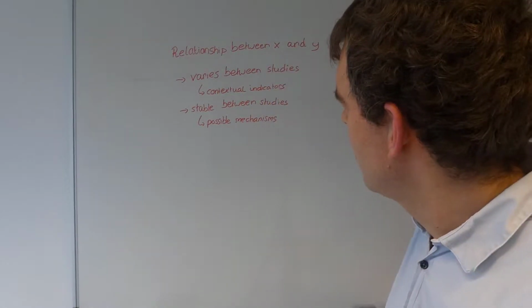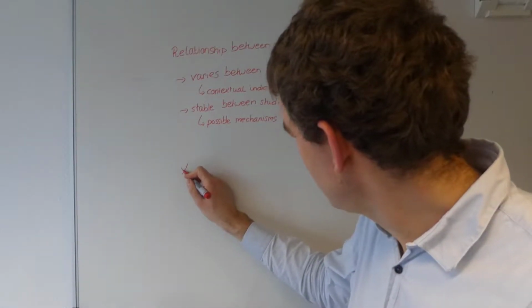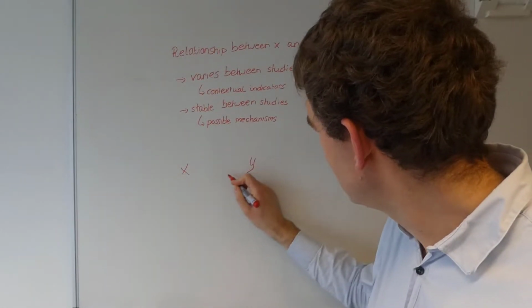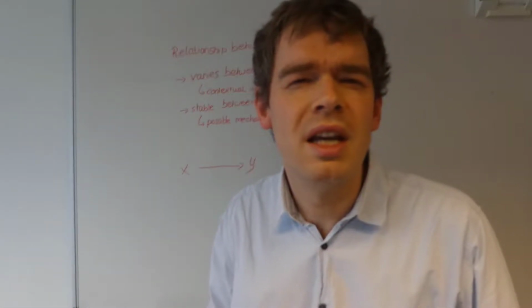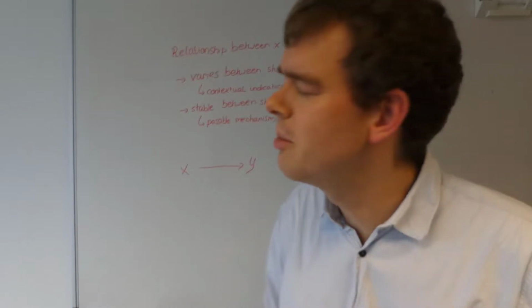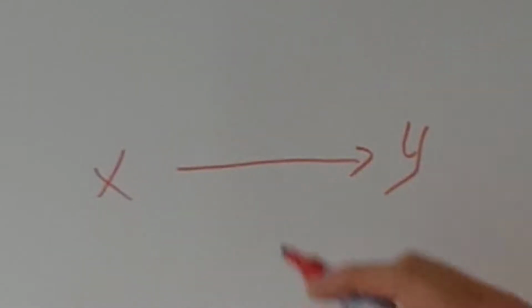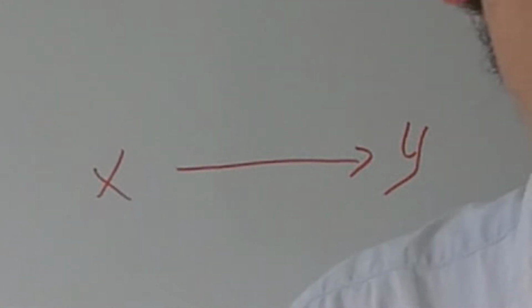The first case lends itself well for a moderation setup, where you could say we have this relationship between the X and the Y variable, between the independent and the dependent. But it's an unstable relationship.